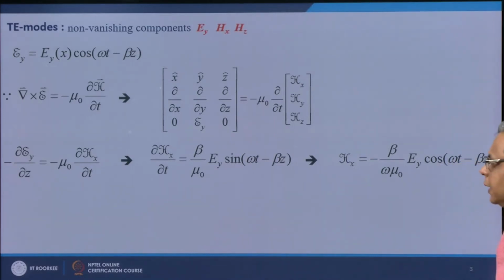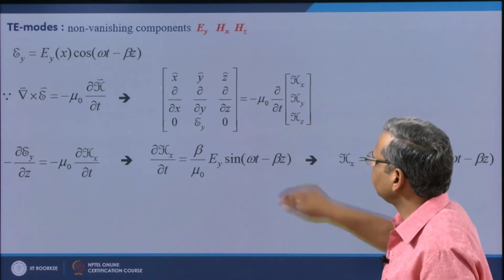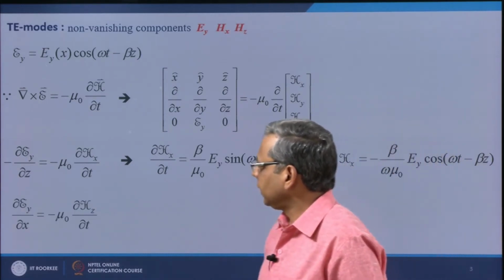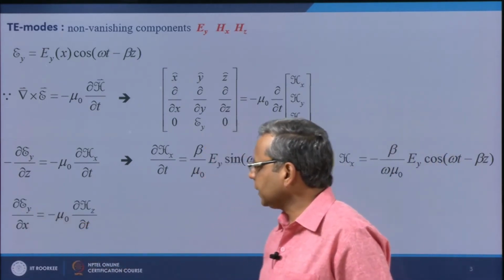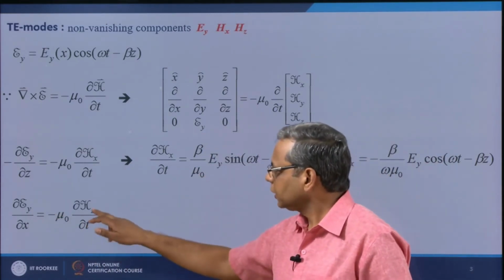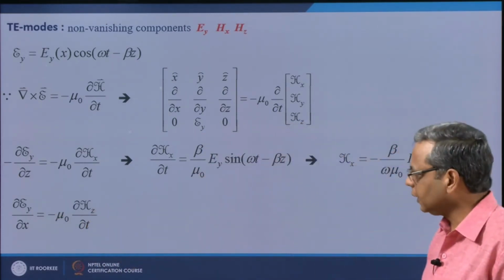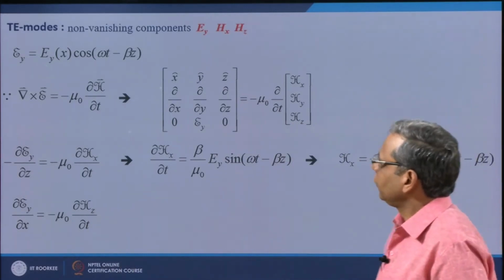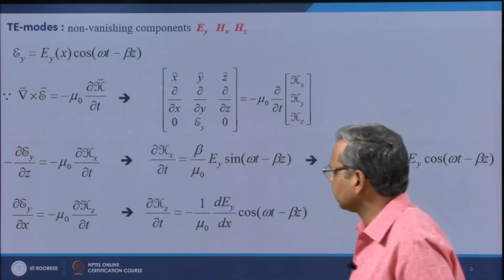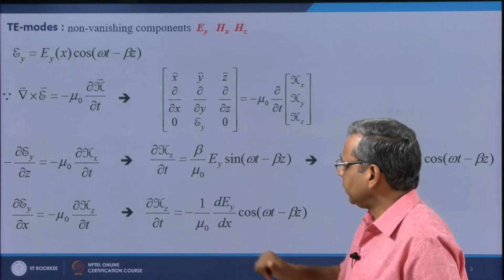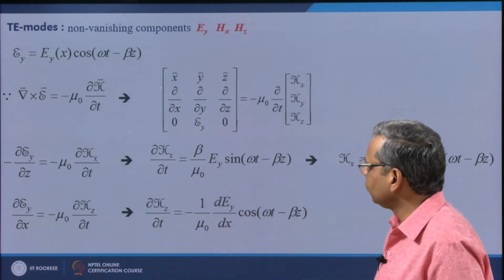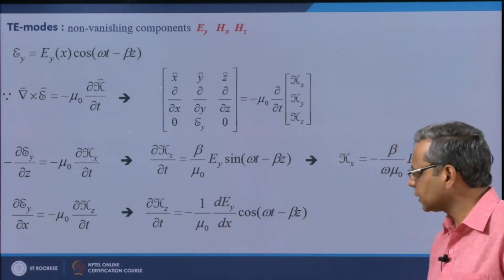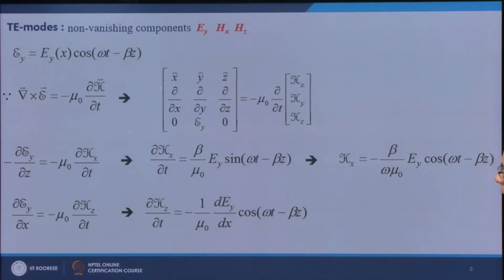Similarly, if I take the z component from here, then I get del Ey over del x is equal to minus mu naught del Hz over del t, and if I differentiate Ey with respect to x, I get del Hz over del t is equal to minus 1 over mu naught dEy over dx cosine omega t minus beta z.